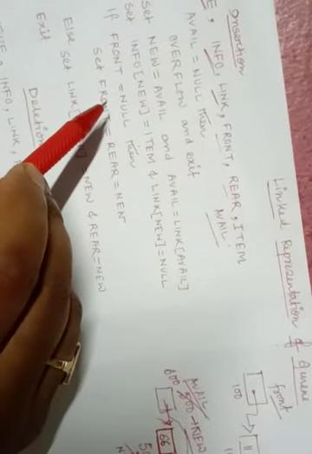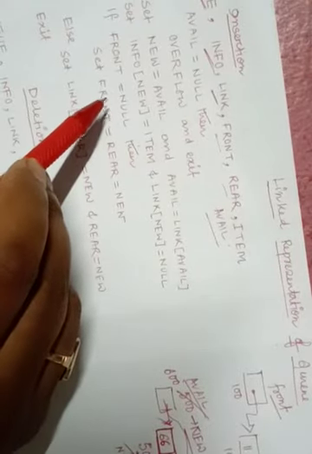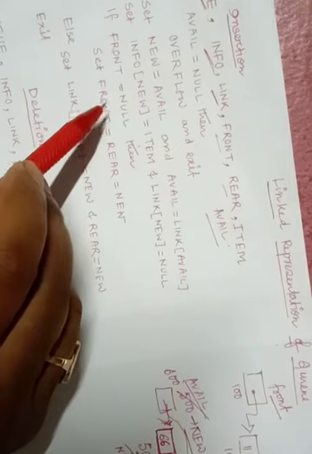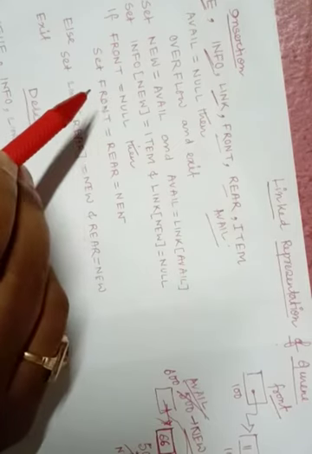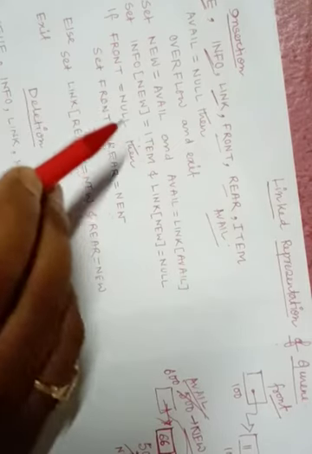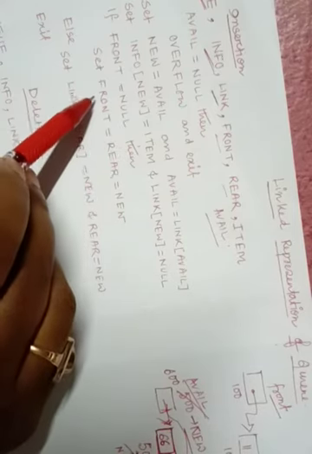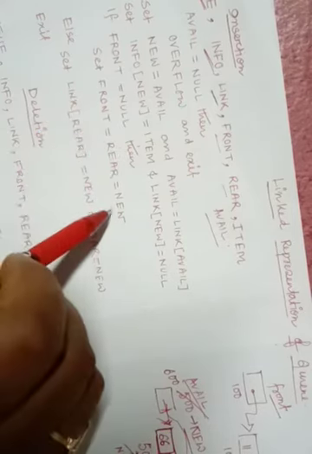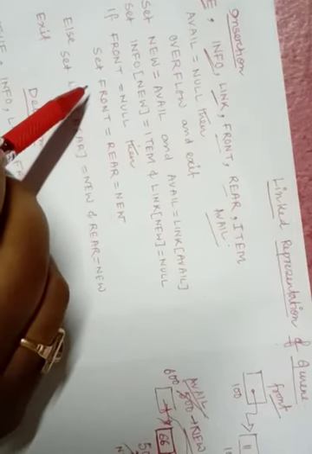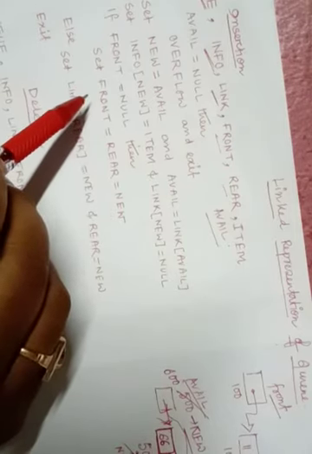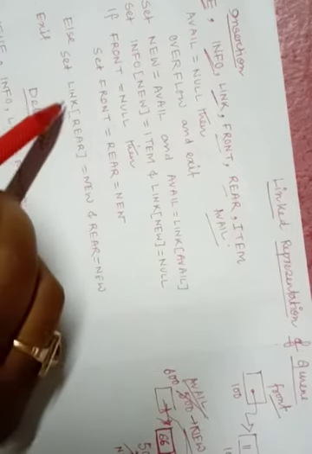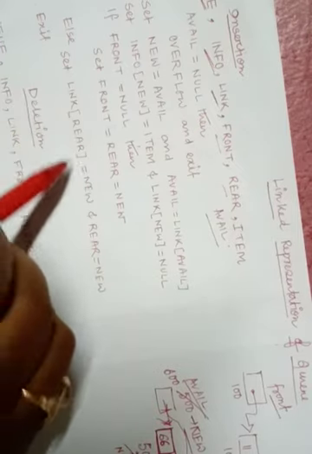Then we will check whether front is null or not, because front is null indicates that the list, or the queue, is empty. In that case we have to set the values of front and rear to new. And if the queue contains more than one node, then this line will execute: set link of rear equal to new.